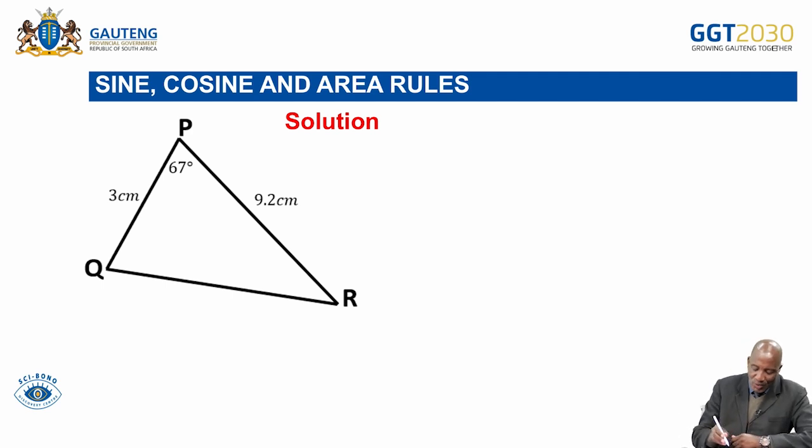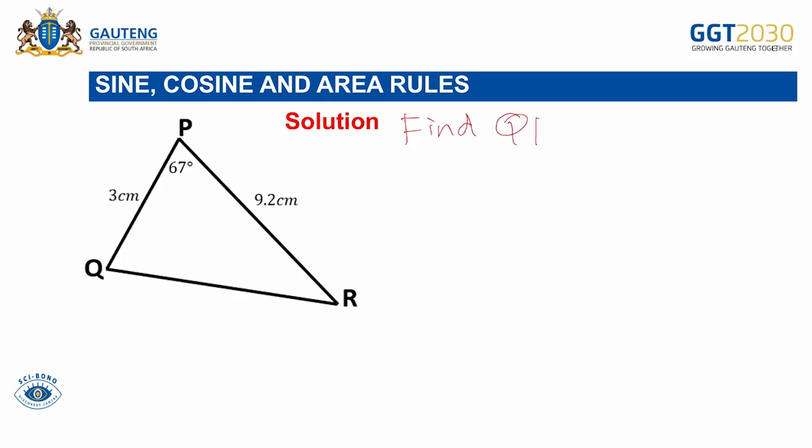You're looking for QR. Find QR. Just to guide some of us as we work through, opposite side is small p, opposite side is small q, opposite side is small r. Just to remind you.